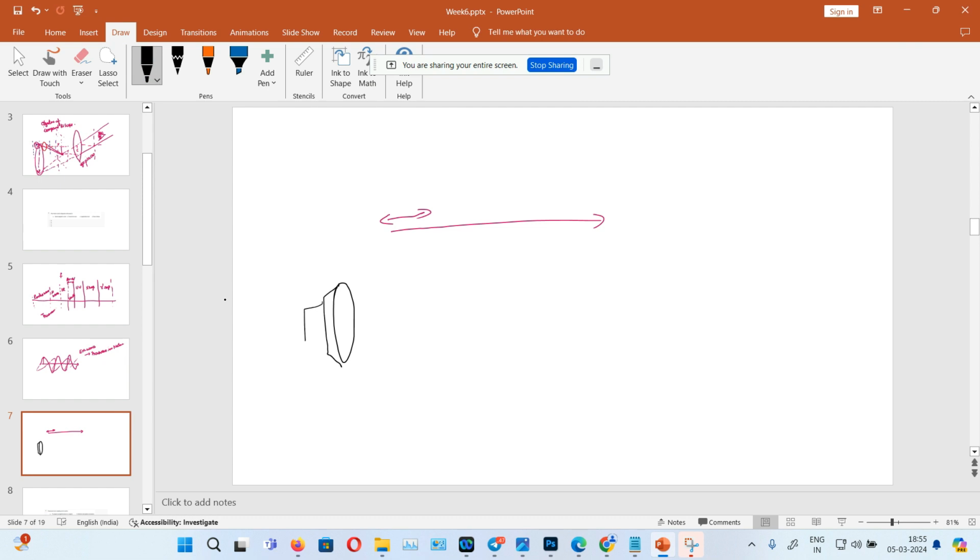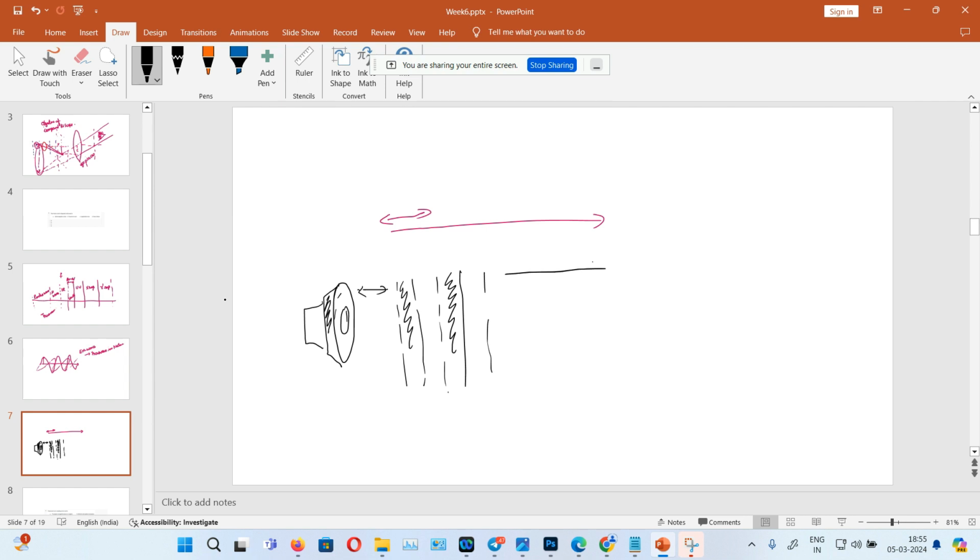So what happens? The loudspeaker diaphragm vibrates in this direction, and that makes a high pressure area and a low pressure area, again a high pressure area and a low pressure area.